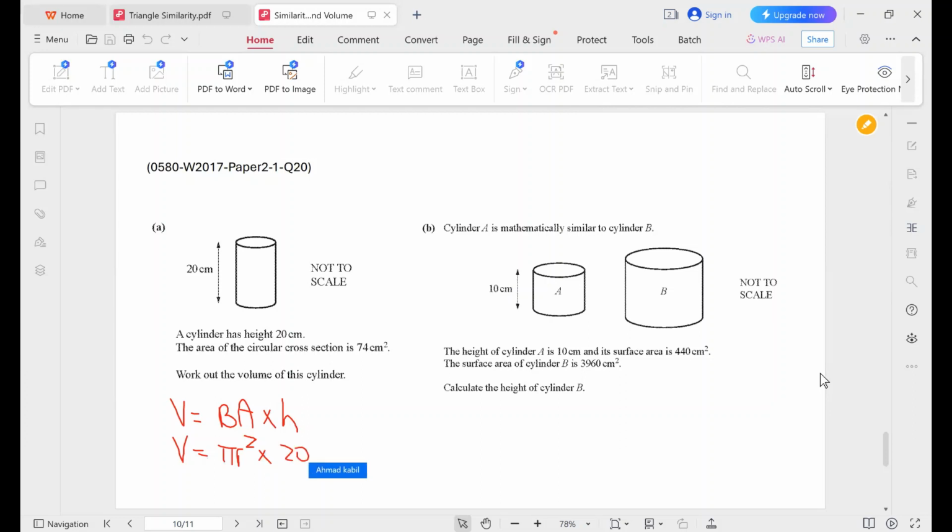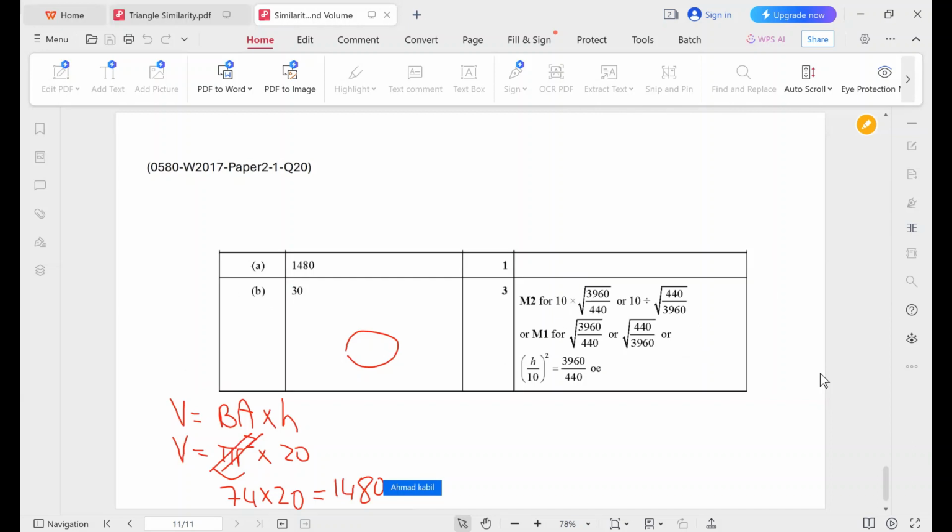Actually, we don't even need pi r squared because they already gave us the base area. So this entirely is equal to 74. So we have 74 times 20. And 74 multiplied by 20 gives us 1,480. And that would be the volume of the cylinder. This is correct for question A.